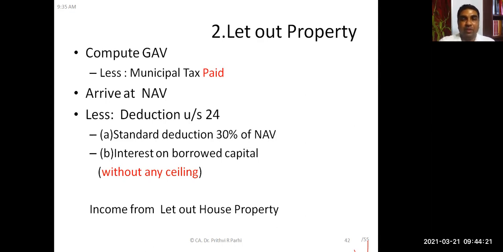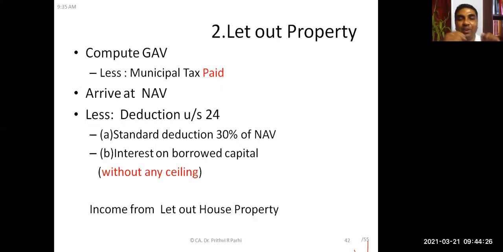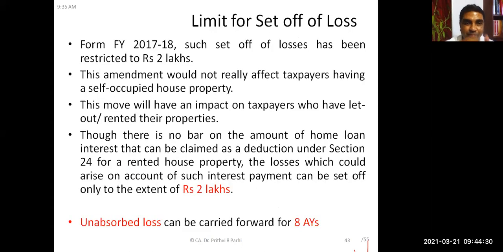Now, when I say it is allowed in the year, that amount is allowed. But there is a provision with effect from assessment year 2017-18. As per that provision, what happens?